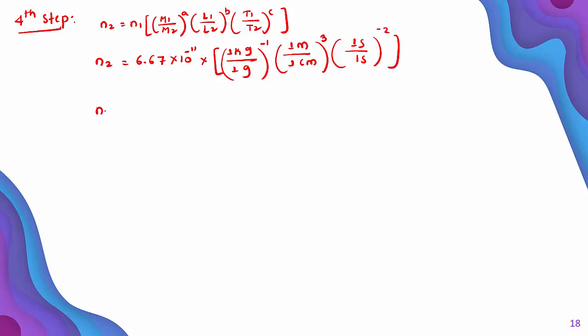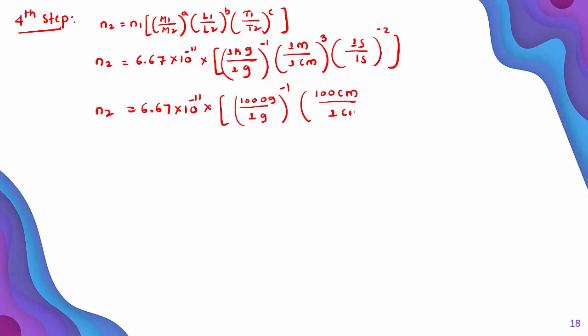Now calculate the value of N2. N2 is equal to 6.67 into 10 raised to minus 11, keep as it is. 1 kg can be written as 1000 gram divided by 1 gram raised to minus 1, into 1 meter can be written as 100 centimeter divided by 1 centimeter raised to 3, and 1 second over 1 second will be 1 raised to minus 2. Or it can be written as N2 equal to 6.67 into 10 raised to minus 11, keep as it is, into 1000 raised to minus 1.